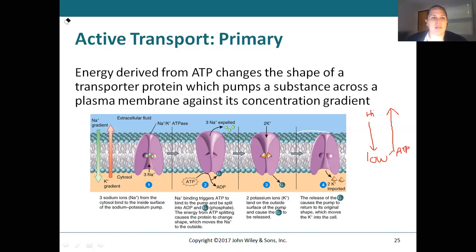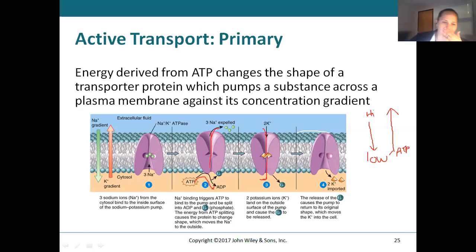So in the case of the use of ATP, here you can see ATP being broken down to ADP. We'll talk about that a little bit later. But similarly, as you're moving sodium outside the cell, you're moving potassium into the cell, and again, this is against its concentration gradient.